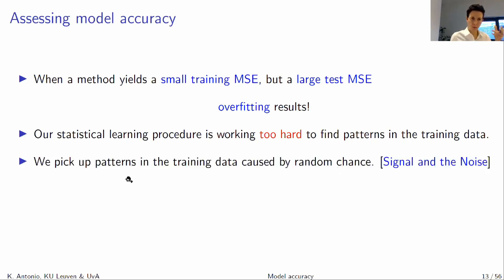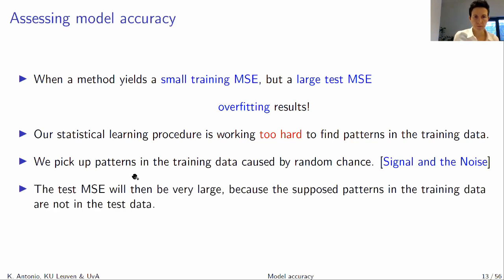We pick up patterns in the training data that are caused by random chance. So the test loss function, or the test mean squared error, will then be large because the patterns that we suppose to be present in the training data are not generalizable to the new data. They are not present in the test data.